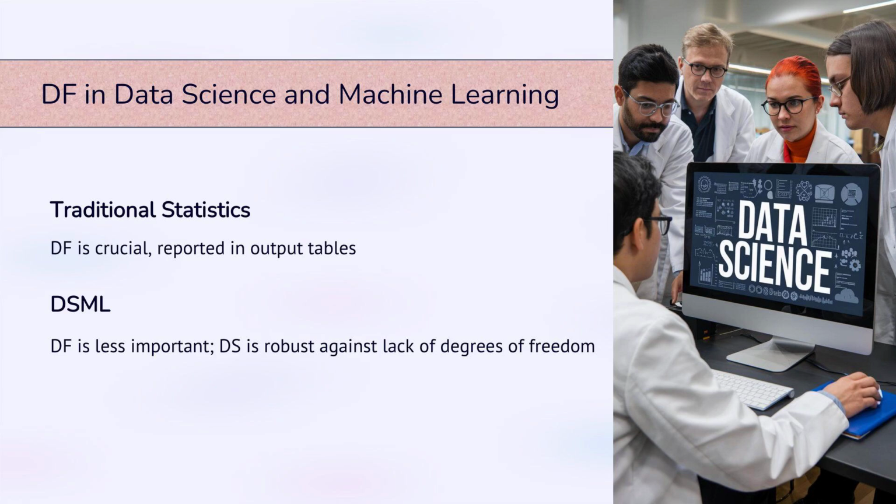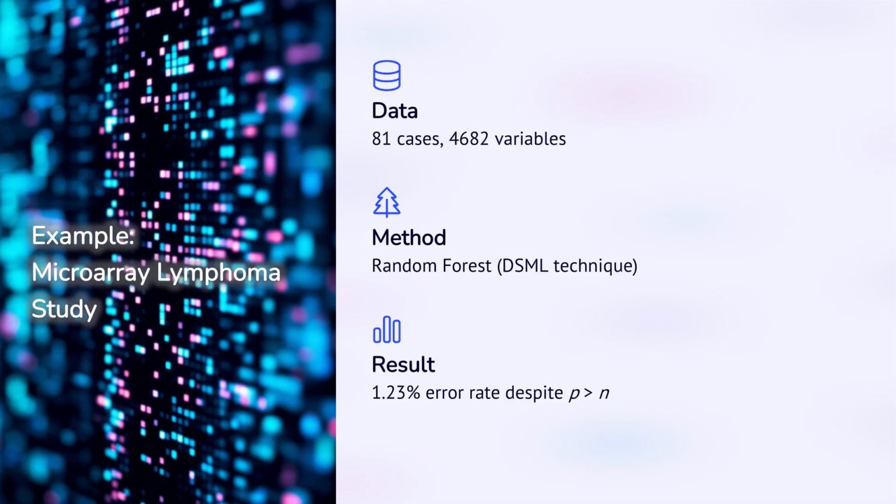Traditional statistics prioritize df, while modern techniques like machine learning de-emphasize it due to robust methodologies. For example, if a data set has 20 observations only, but there are 21 potential regressors, then the regression model is invalid due to losing degrees of freedom, p larger than n. However, it is not a challenge to DSML.